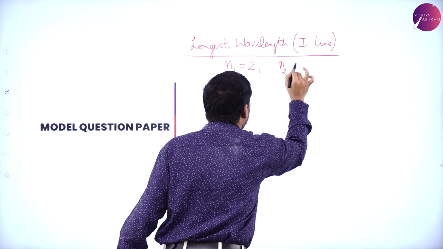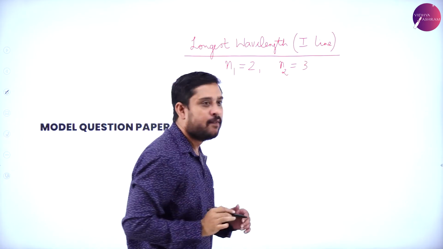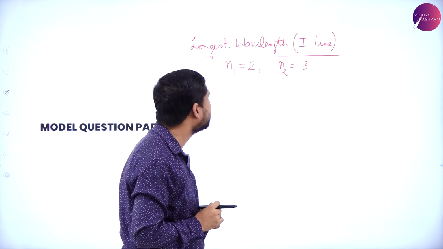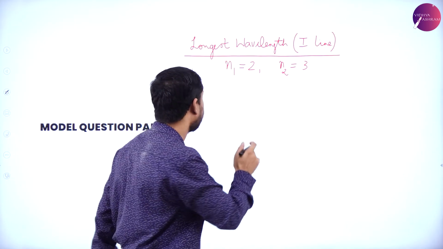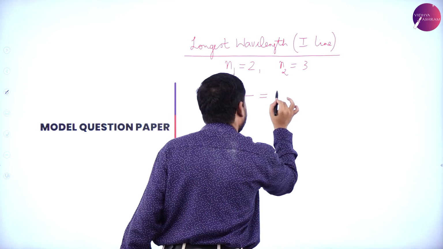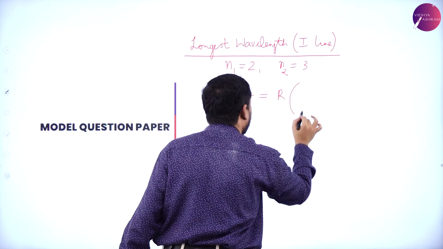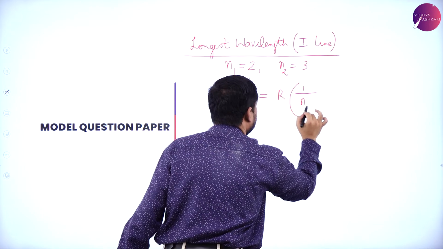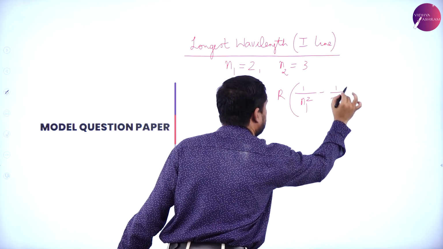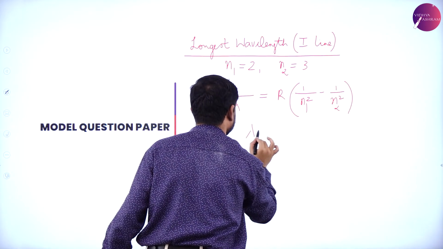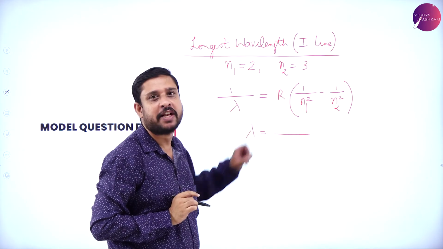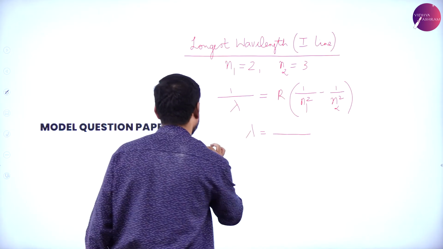Now N2 is 3, which is the wavelength of the first line. Use the relation 1 by lambda equals R times 1 by N1 square minus 1 by N2 square. Assignment for you all to finish the simplification.